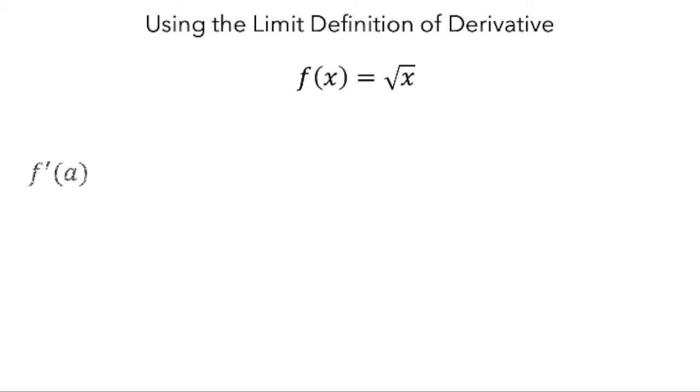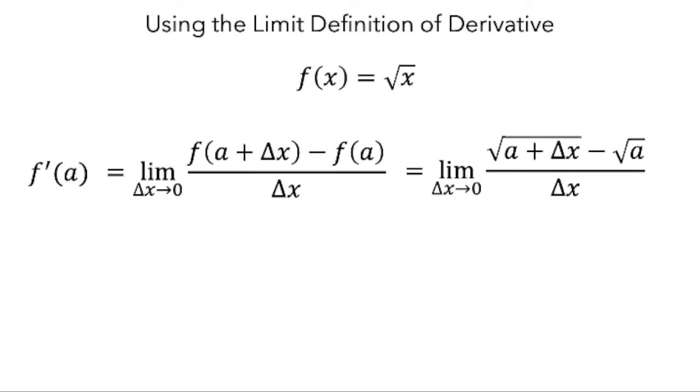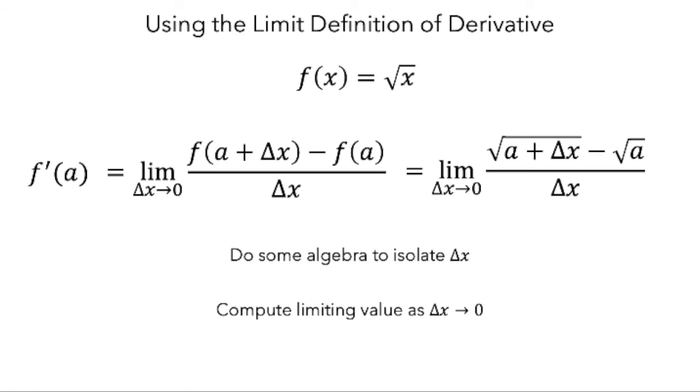Then if you want to compute the value of the derivative of f at x equals a, you write the average rate of change as x increases by an amount delta x, and then look at the limiting value as delta x approaches 0. Then you plug a plus delta x and a into the formula. Next, you do some algebra to try to isolate the delta x, and finally compute the limiting value as delta x approaches 0.